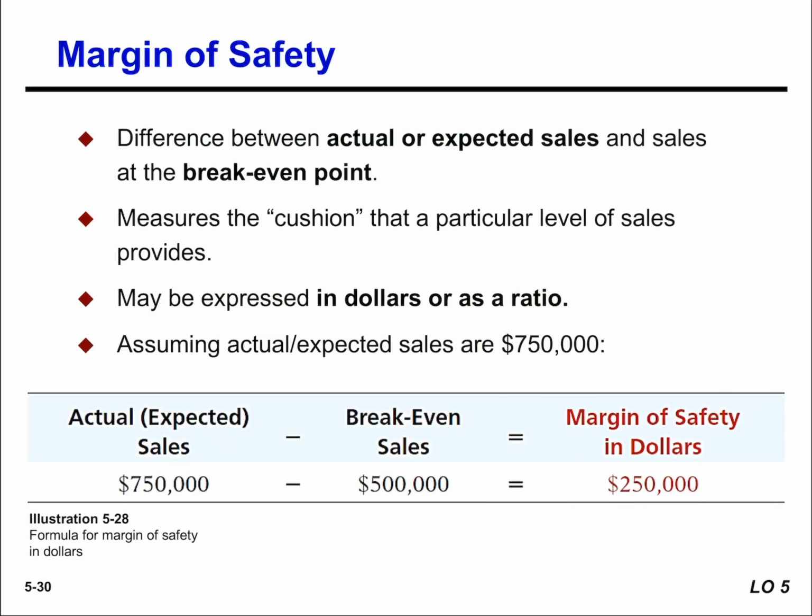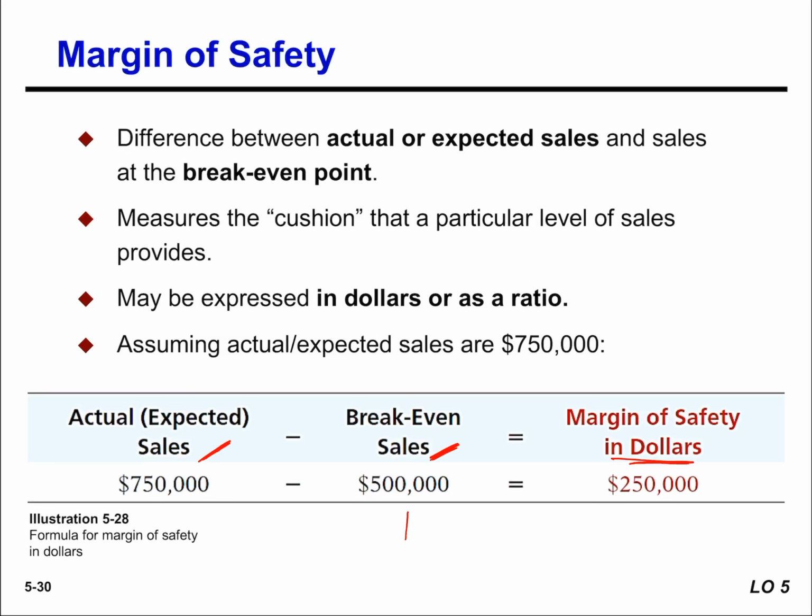Okay. The last thing in this chapter is talking about something called margin of safety. And again, we talked about this break-even point as sort of our pivotal point. So one of the things that companies want to know is, how far away from that break-even point are you? So that's what margin of safety tells us. We take our actual or expected sales, compare that to our break-even sales, and margin of safety is the difference.